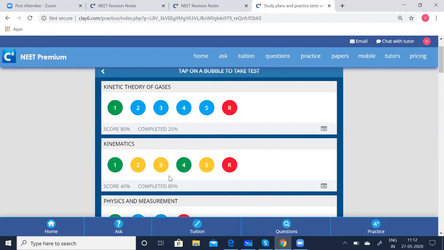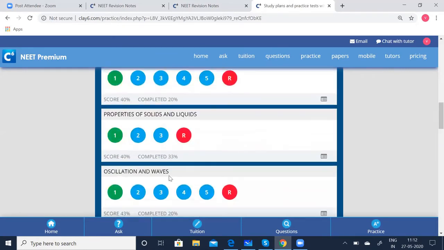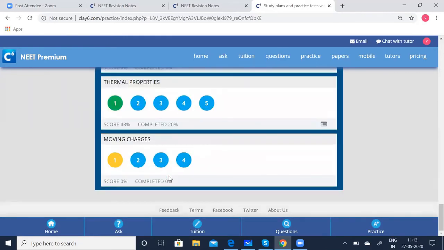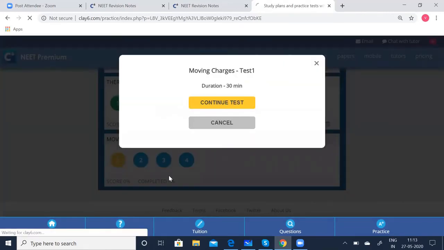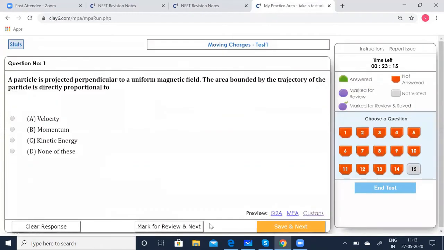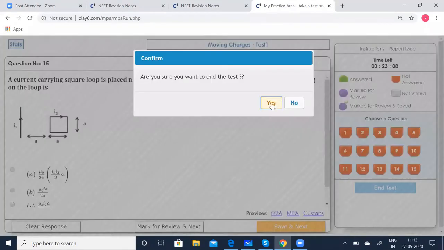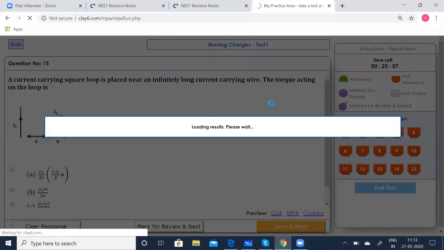So let me go to the moving charges chapter and go to the first test. Let me do the test and take the test afresh.